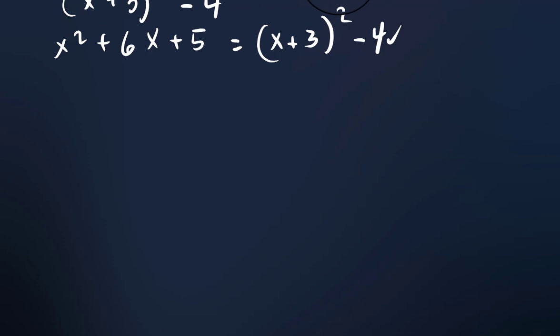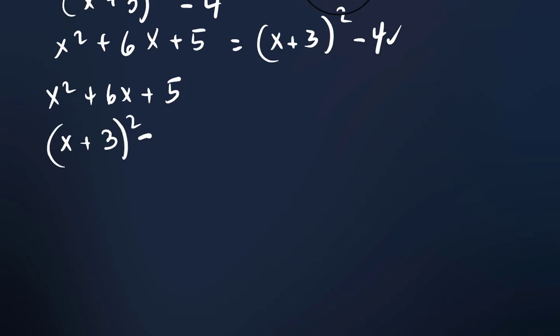In practice, when you give me an equation like x squared plus 6x plus 5, all I need to do is look at the 6 divided by 2, that is 3, so I say (x plus 3) squared minus 3 squared, now plus 5, which is equal to (x plus 3) squared minus 9 plus 5.